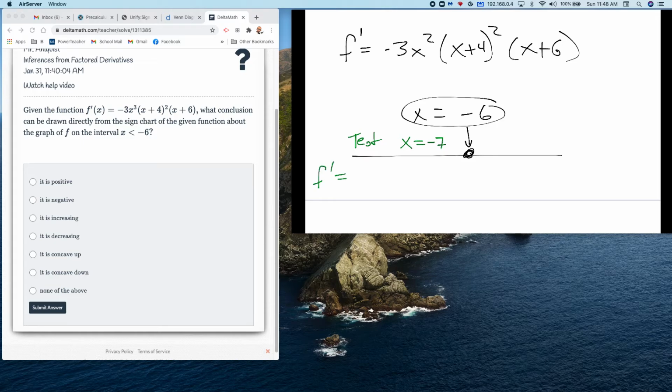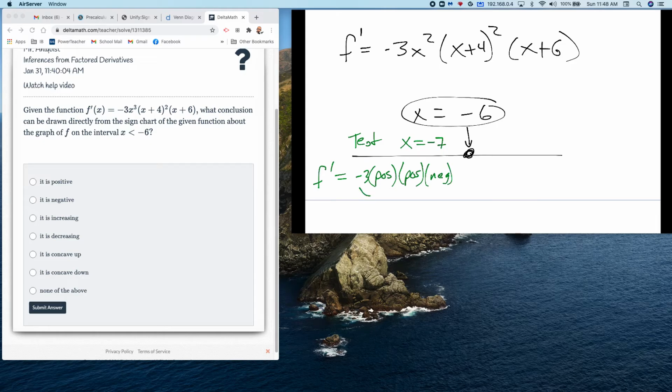Notice that when we put -7 into f prime, we get -3 times a positive value, because that would be -7 squared, times another positive value, because again, we're squaring it, times a negative value, because -7 plus 6 is still negative.